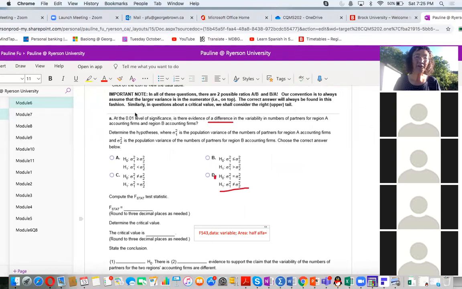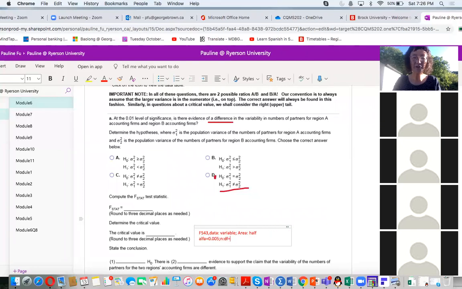Here, alpha 0.01, okay? So alpha 0.01 divided by 2, 0.005, that is the area, okay?